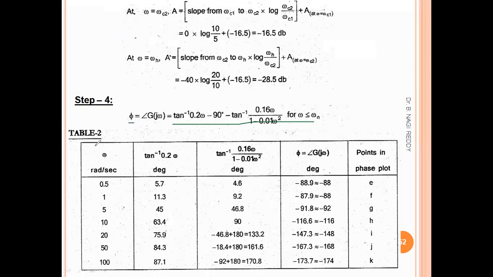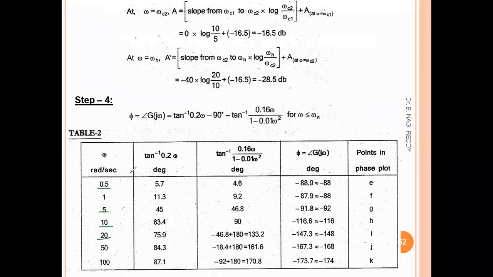So table 2 will help us to calculate the phase angle. You can see we have 4 different omegas. One is 0.5 radians per second, which is omega L. Second one is 5. Third one is 10. And the fourth one is 20. Because omega H is 20, omega C2 is 10, omega C1 is 5. But we need to remember that the phase plot is drawn with a smooth hand curve.